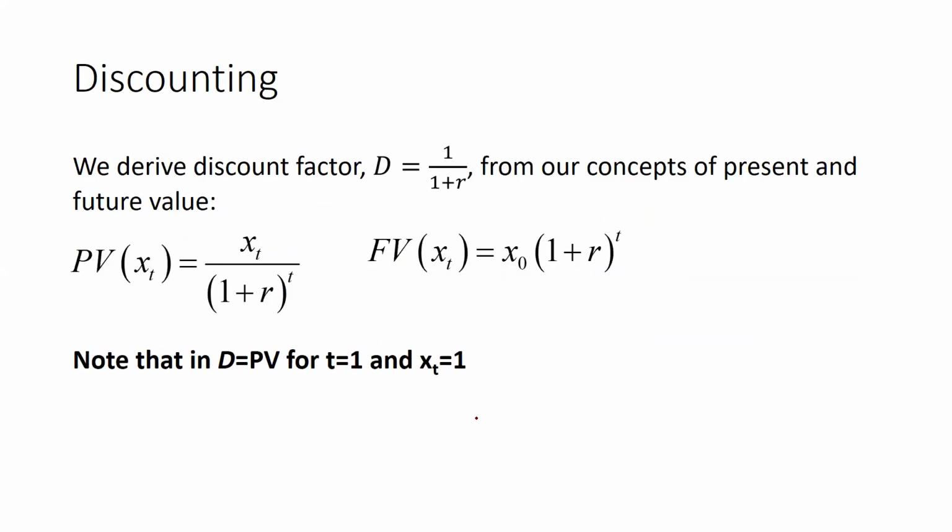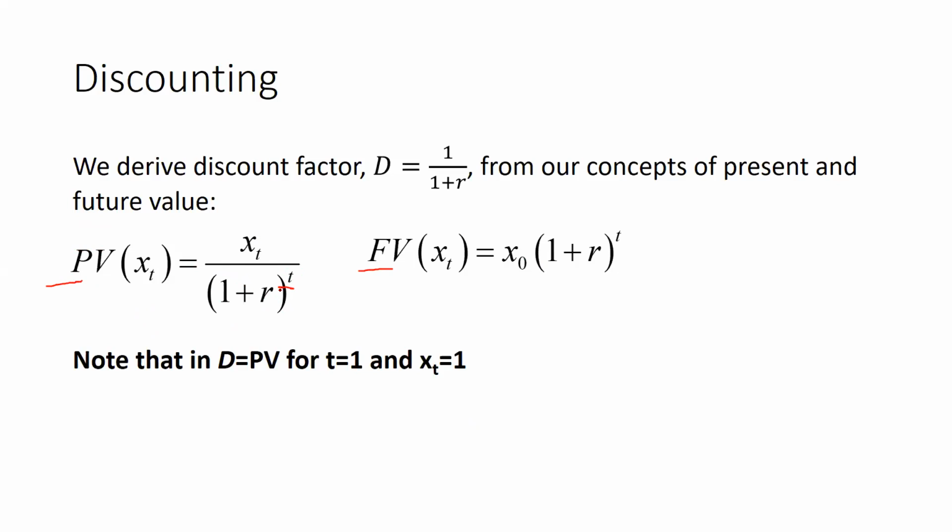So from this discount factor, D equals 1 over 1 plus R, we should start seeing some concepts we're already familiar with, present value and future value. And of course, I've got the formulas for those right here. Present value for x in t years is x sub t over 1 plus r, this quantity raised to the t, where t is a period.